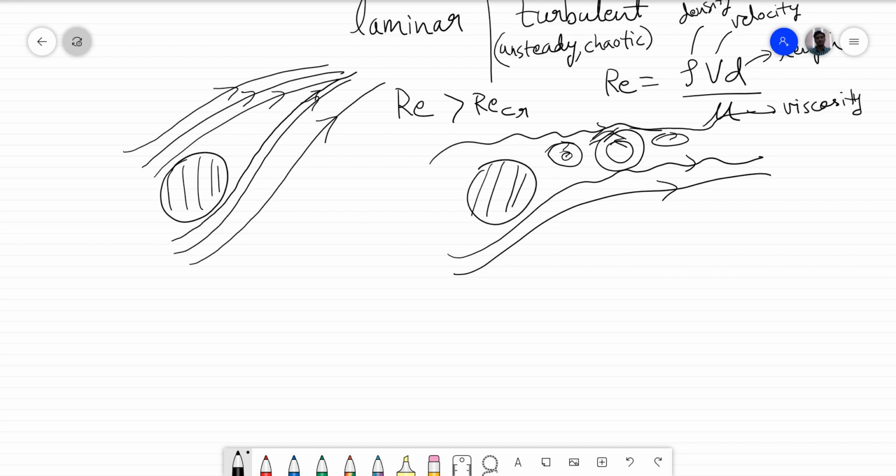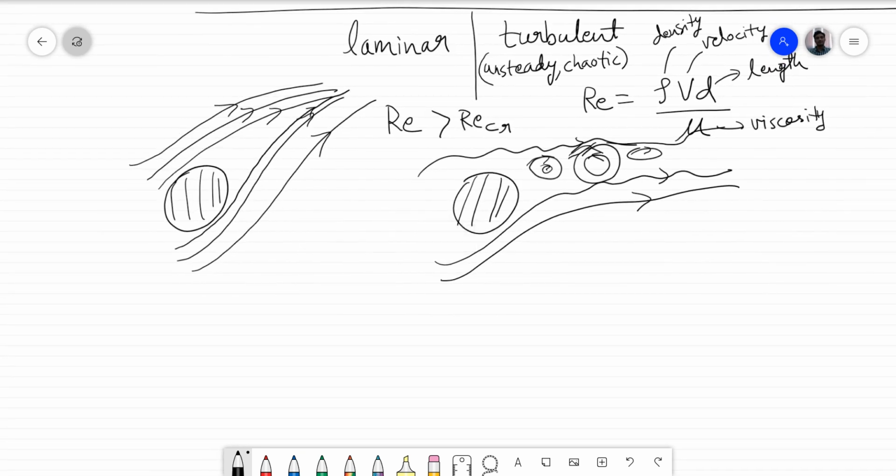And basically there are several length scales in the flow, several velocity scales in case of a turbulent flow.